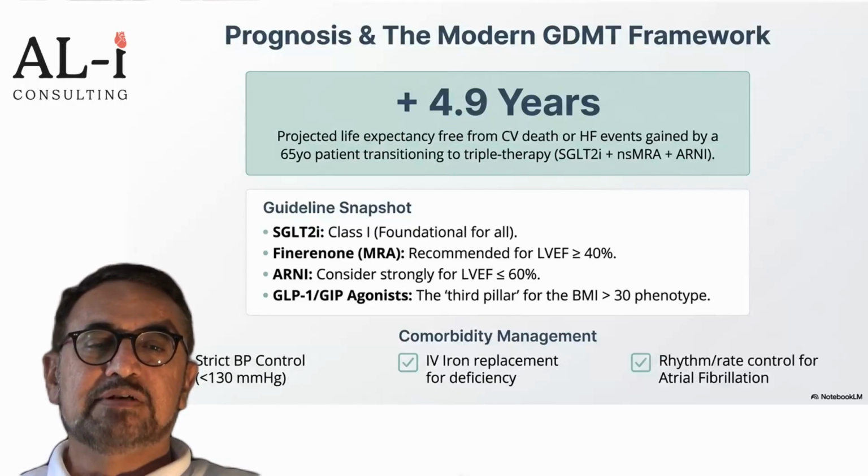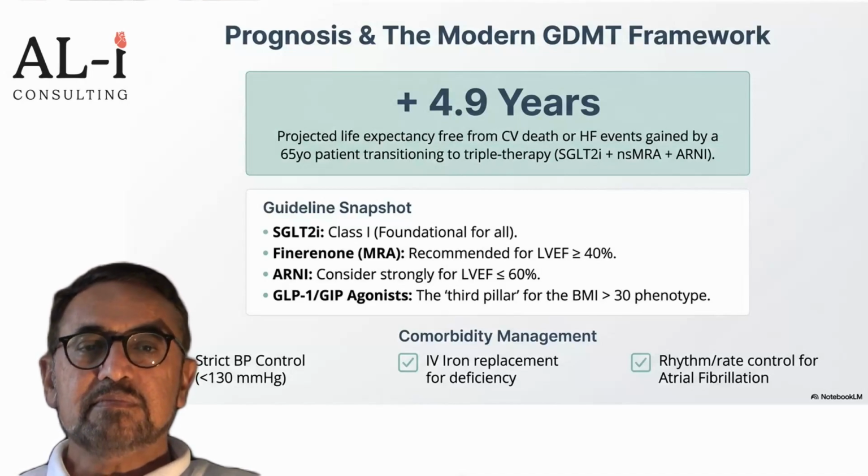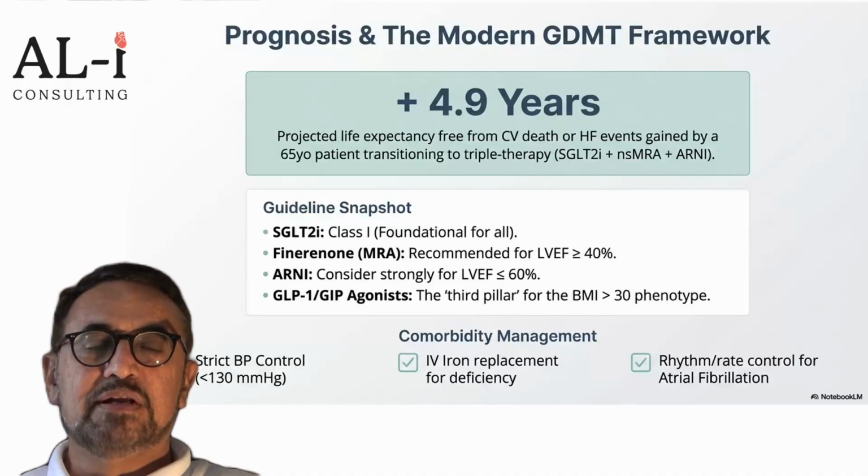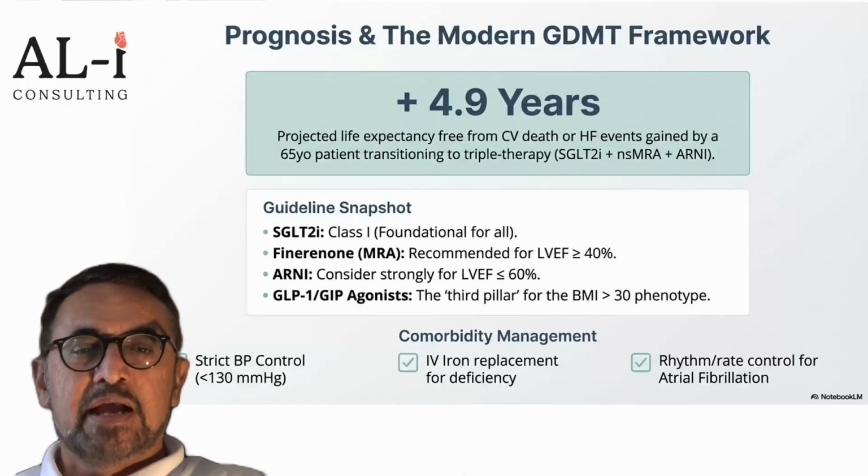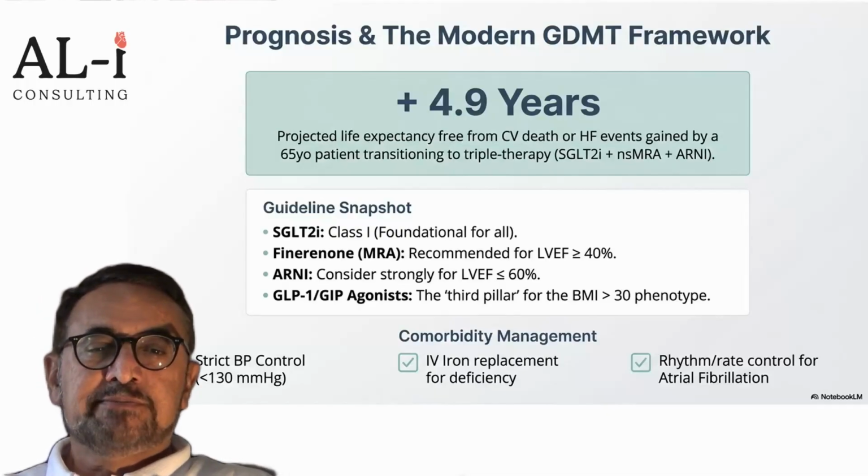The practical framework is straightforward. SGLT2 inhibitors are foundational. Finerenone is recommended broadly for patients with reduced renal tolerance for older regimens and for those with EF at or above 40% in this framework.